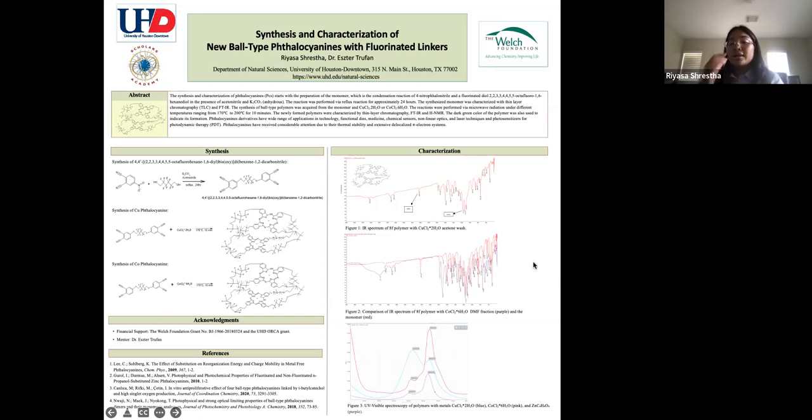So we're just trying to get as pure ball type phthalocyanine as we can, because as I mentioned, there's a wide range of applications for these ball type phthalocyanines. So if we get these compounds to be pure, there will be more research available for other applications, for example, for photodynamic therapy.